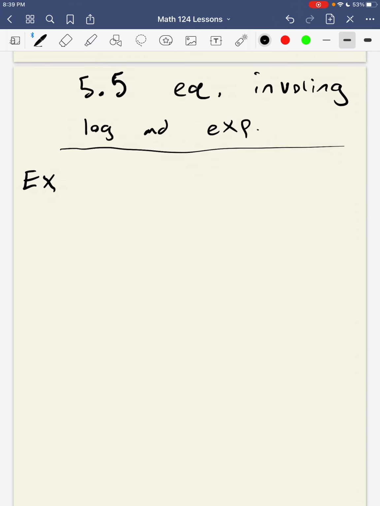So for an example, we may see something like 6 raised to 3x equals 36. Okay, so how do we solve for x when x is in the exponent?